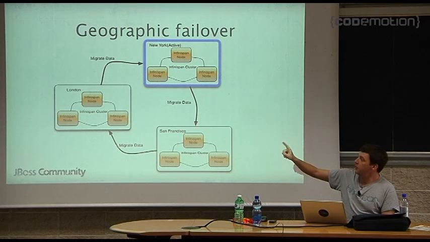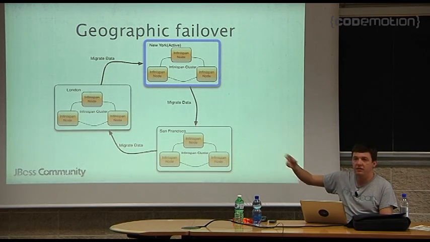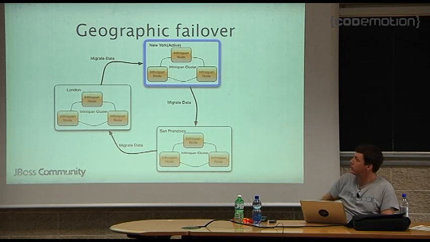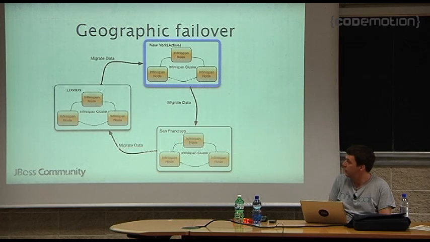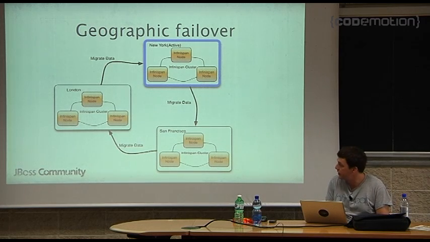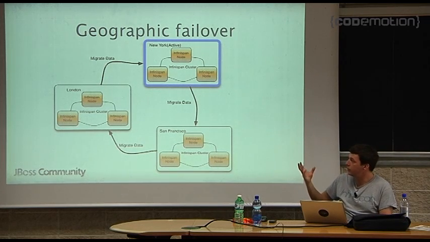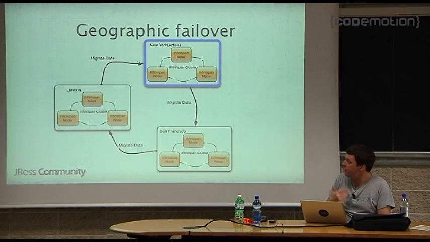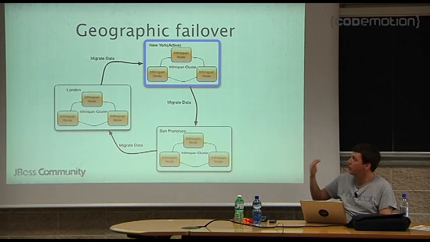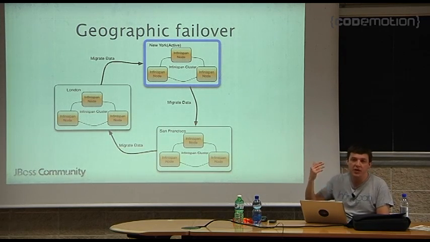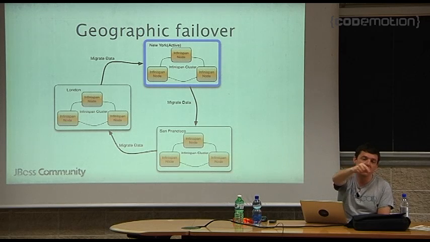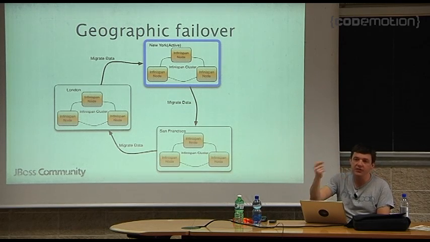As a bank, you might have a branch in Europe, one in the US, on the East and West Coast. And if something terribly bad happens with one of your sites, you want to be able to migrate clients to other sites.